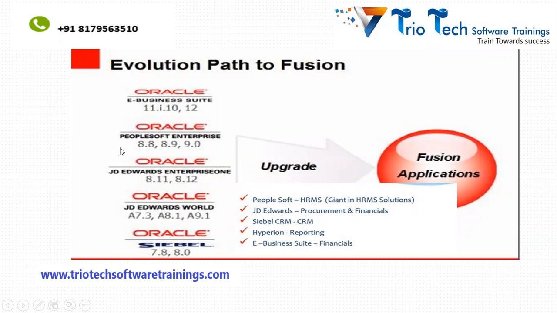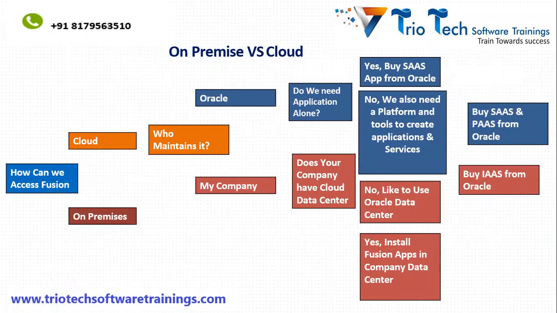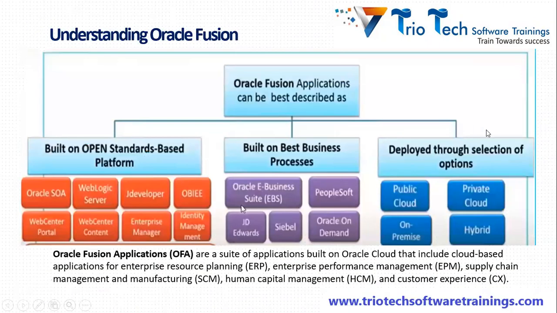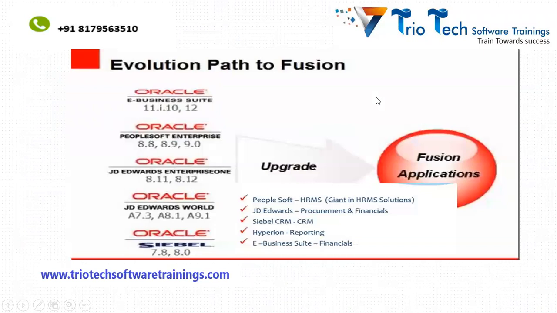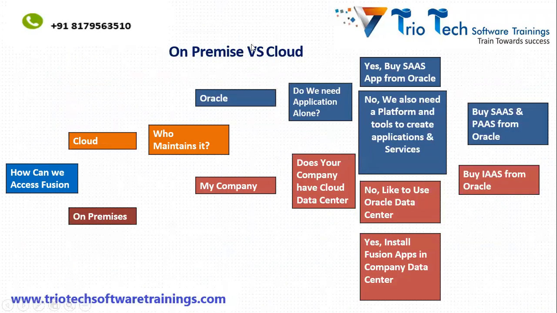All right. Now, to understand the deployment, I was talking about the deployment selection options, right? So this is something which we will understand now. On-premise versus cloud. Oracle ERP applications, earlier they were deployed with this on-premise model.